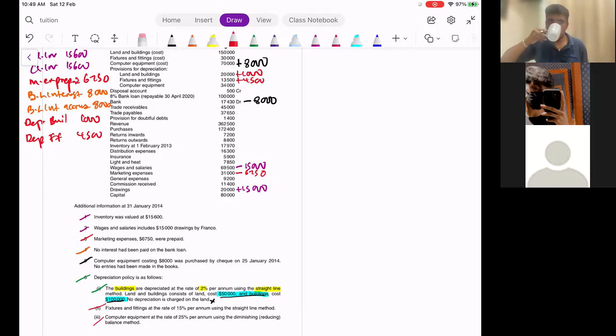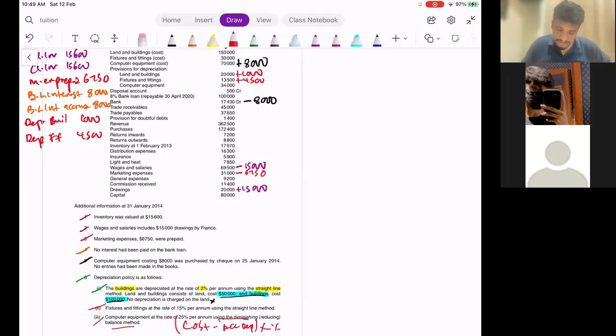Okay, so, this one. They say reducing balance method. When they say reducing balance method, you need to take the cost minus accumulated depreciation times the percentage.